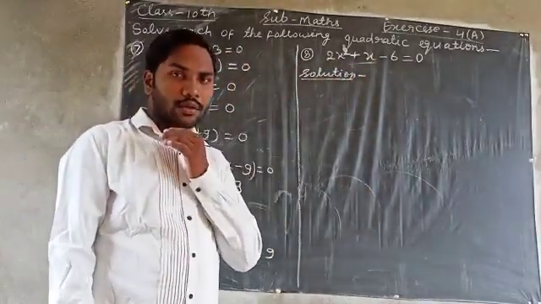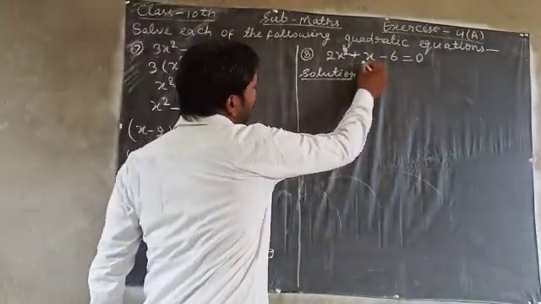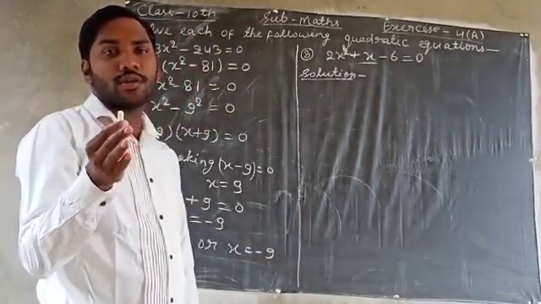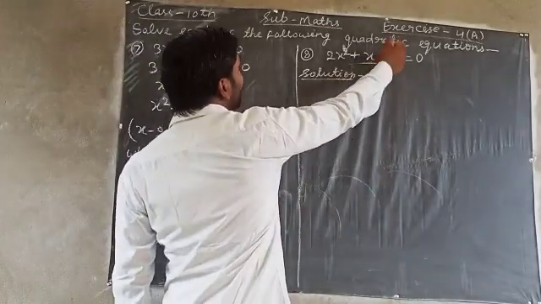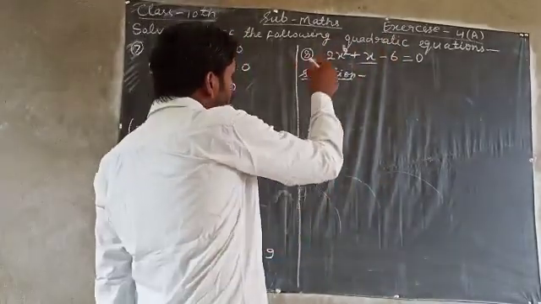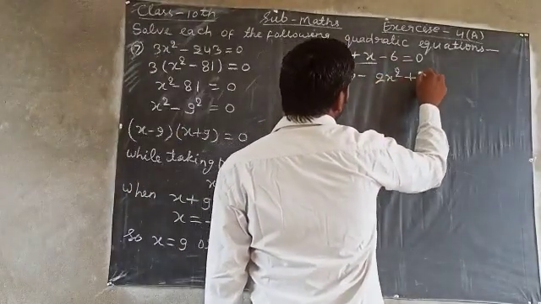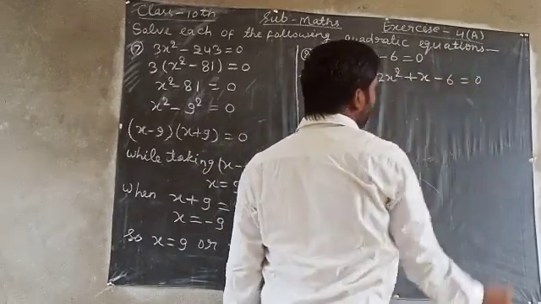In this one, first of all, you will have to split the middle part into such parts that the sum should be equal to the coefficient of x and the product should be equal to 6 and 2. So first of all, here I will write the question: 2x square plus x minus 6 is equal to 0.